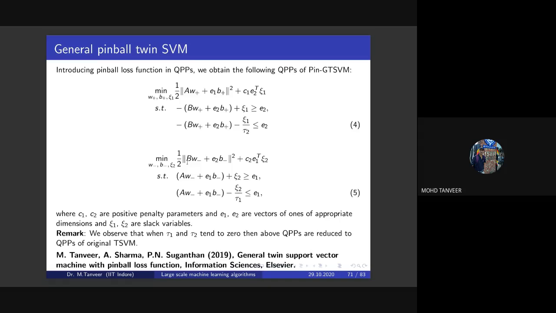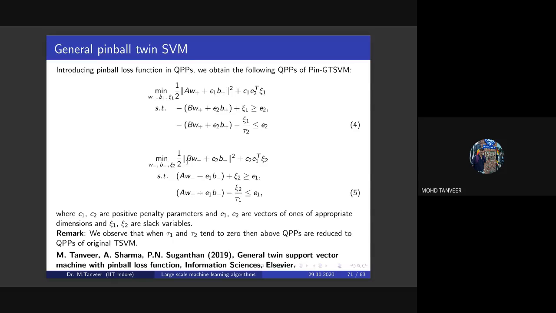original Tune SVM. I can explain in 4 the second constraint, that is minus (Aw + e2 b) plus minus xi1 upon tau 2 less than or equal to e2. Any student having a background until 12th mathematics can understand this.